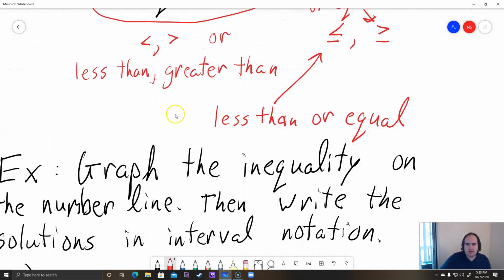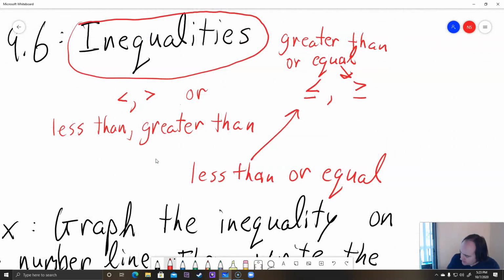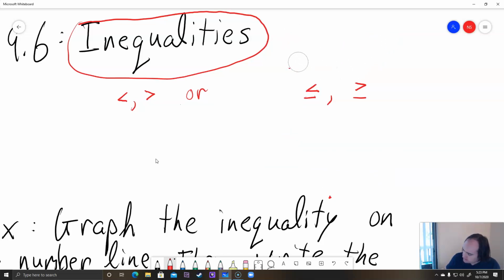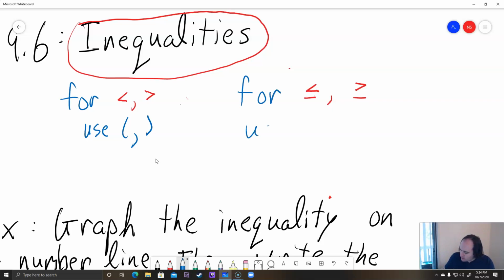Going back up here, for less than or greater than, you want to use parentheses, which look like normal parentheses, whereas for less than or equal or greater than or equal, you want to use brackets.